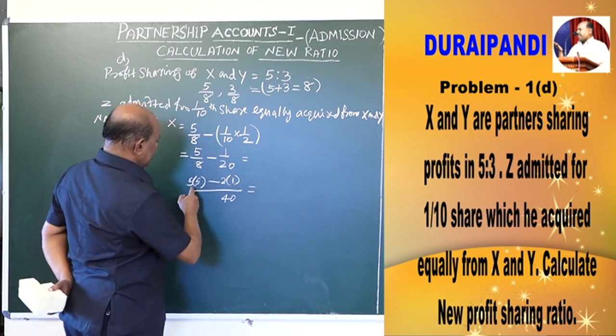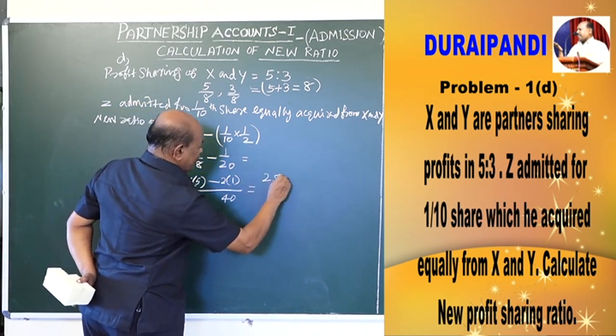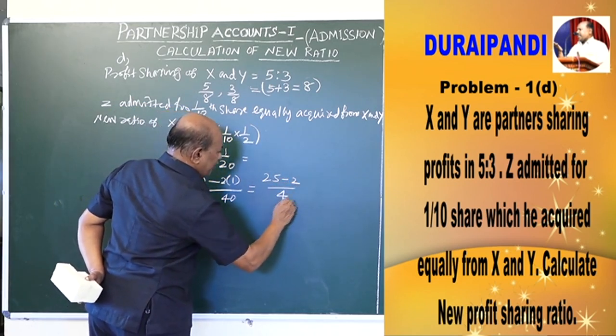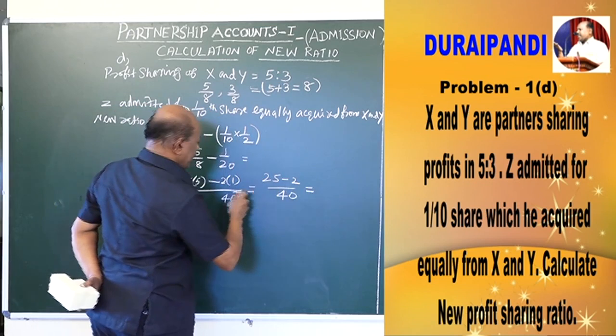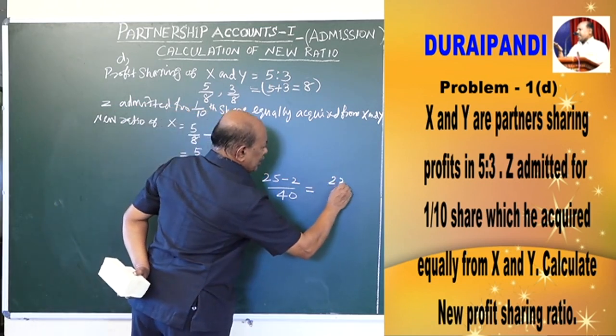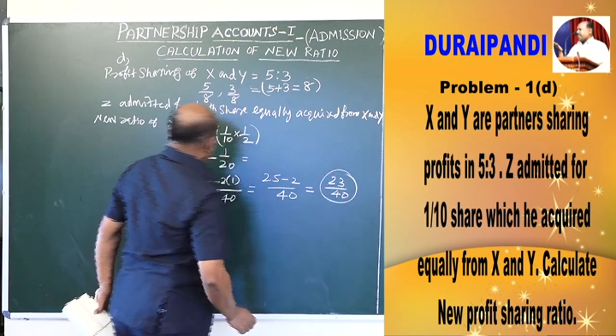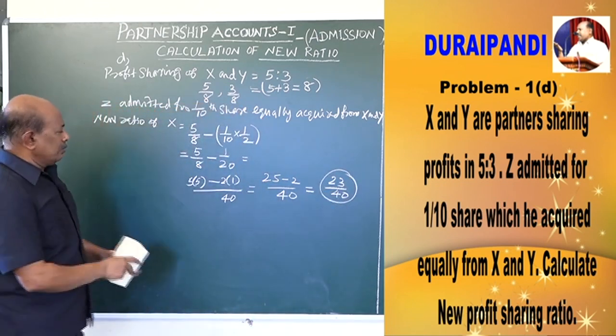That is equal to 25 minus 2 divided by 40, it is equal to 23 divided by 40. That is the new ratio of X.